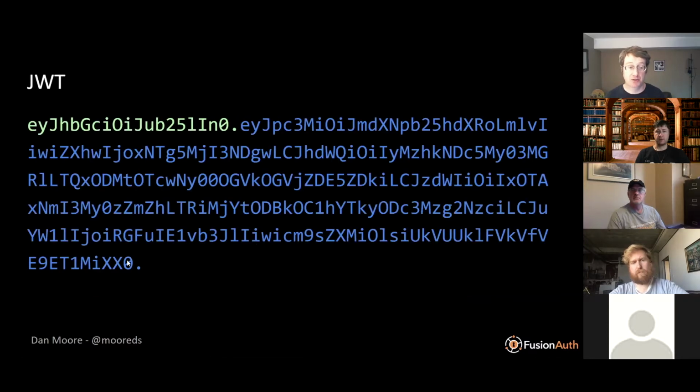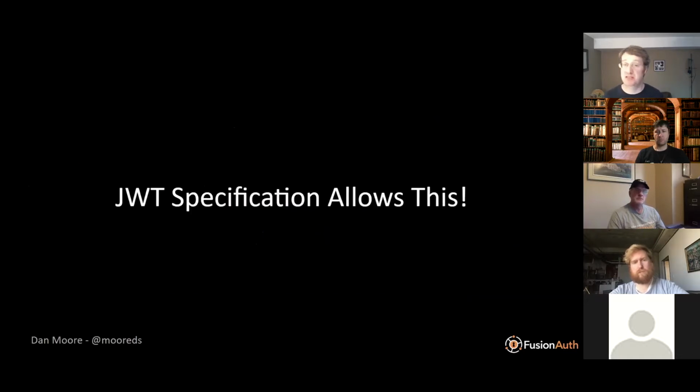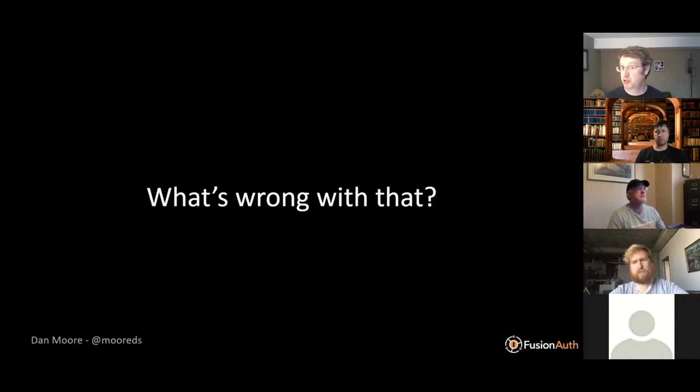And you can see that there's no signature. So there's no third clause. The payload stays the same. The JWT specification allows this. And I'm curious if anyone had some thoughts on why that might be a bad idea. See how interactive I can make it on Zoom?